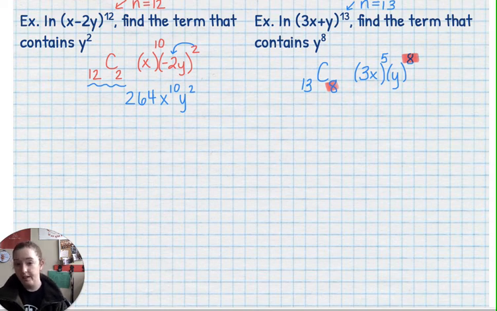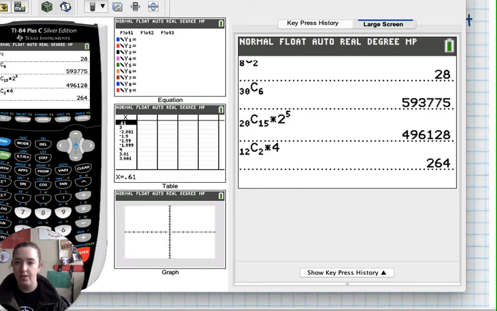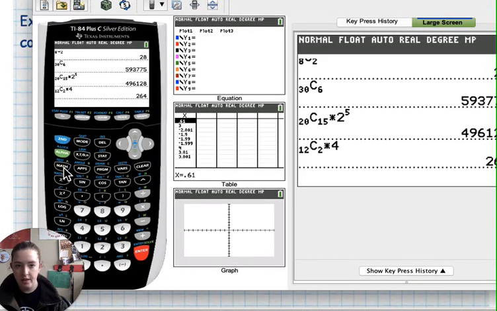Now, when we're looking at our calculator here, we're going to have to put in 13 choose 8. But then, remember, we also are going to have to take 3 to the 5th power. So in our calculator, we'll put 13 choose 8 times 3 to the 5th. Math.